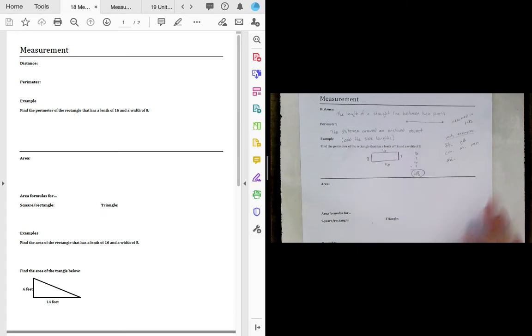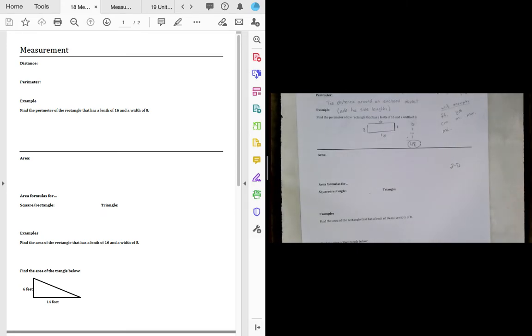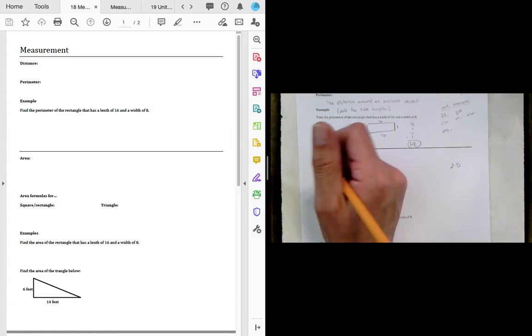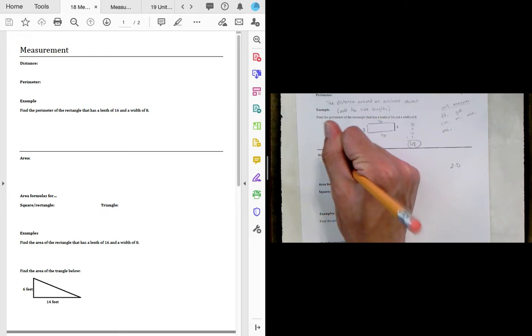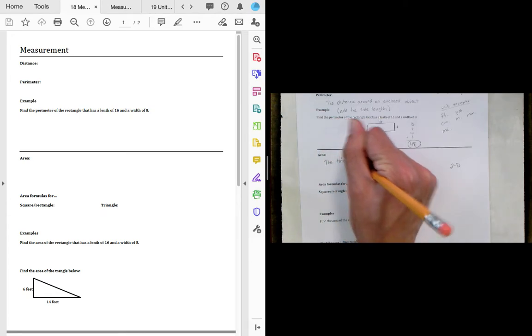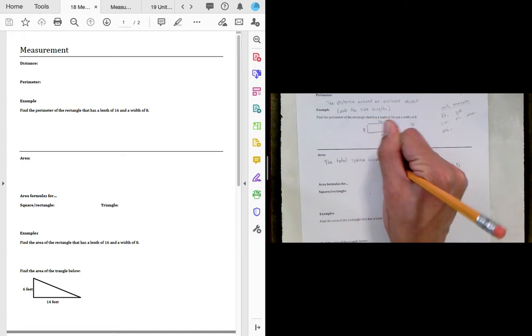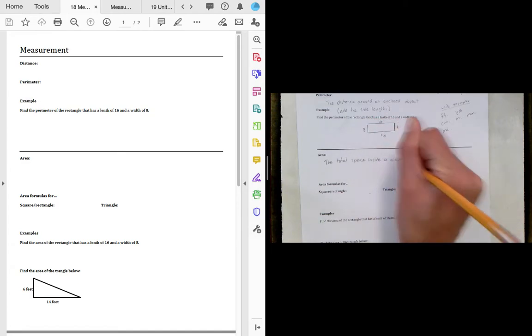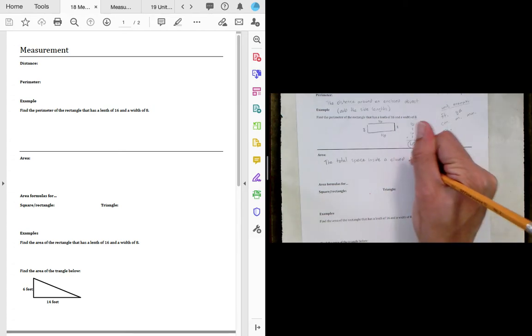Then we go on and we move into 2D, and we can discuss area. So the definition for area that I'm going to use is the total space inside a closed 2D shape.